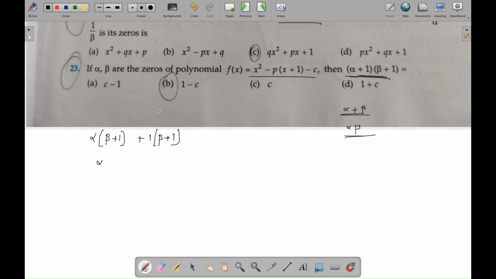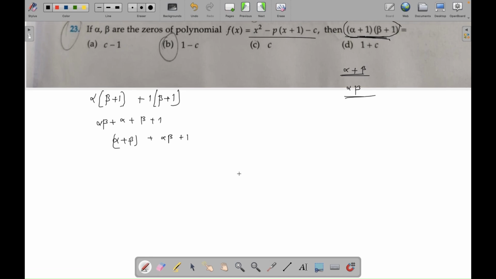If I expand this part, this will be alpha beta plus alpha plus beta plus 1. So this is equivalent to alpha plus beta plus alpha beta plus 1. Right?